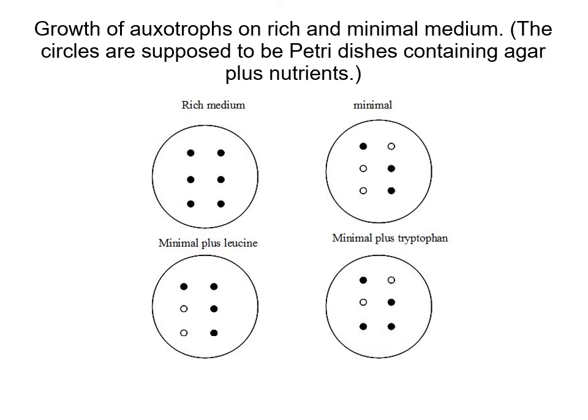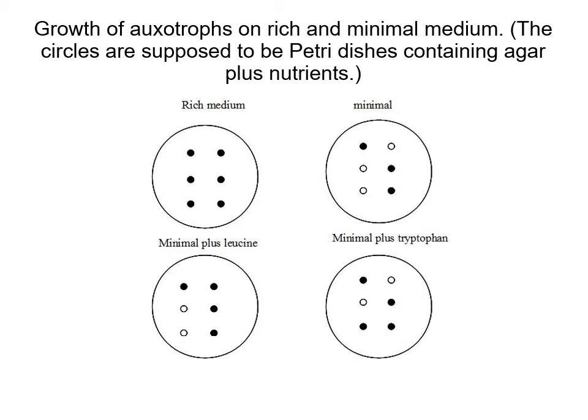Here are some examples of what this looks like if we're comparing prototrophs and auxotrophs on rich and minimal medium. So this is supposed to be a rich medium, and the little dots are colonies where we placed different strains of E. coli as little dots on the medium and let them grow overnight. On the rich medium, everybody grows.